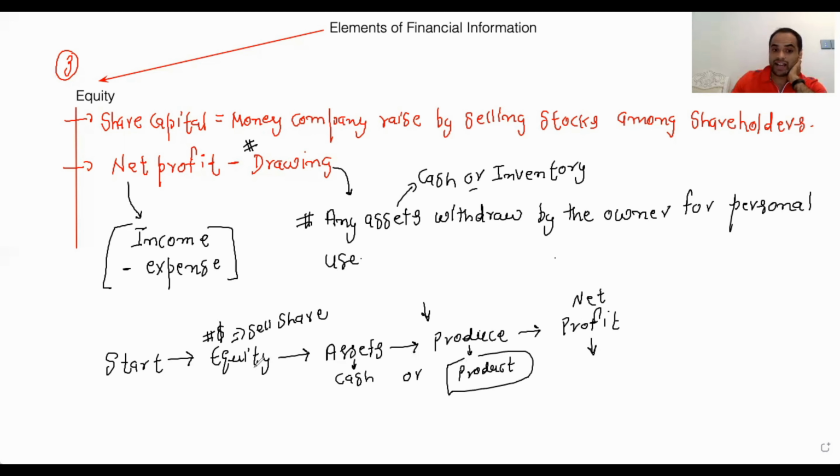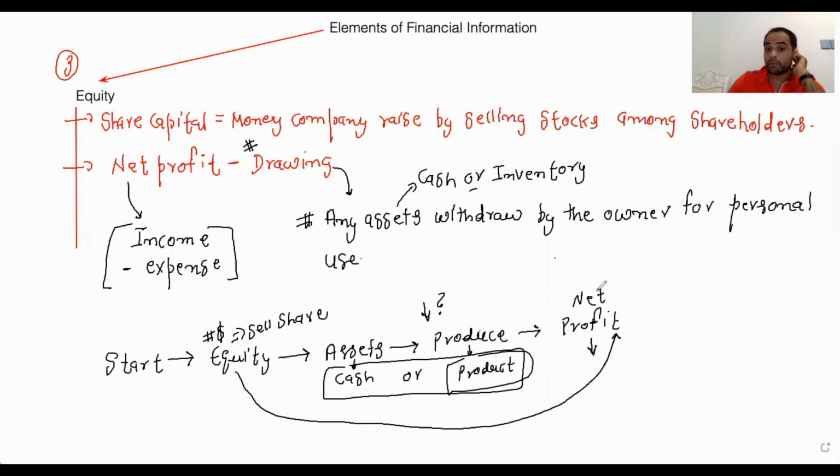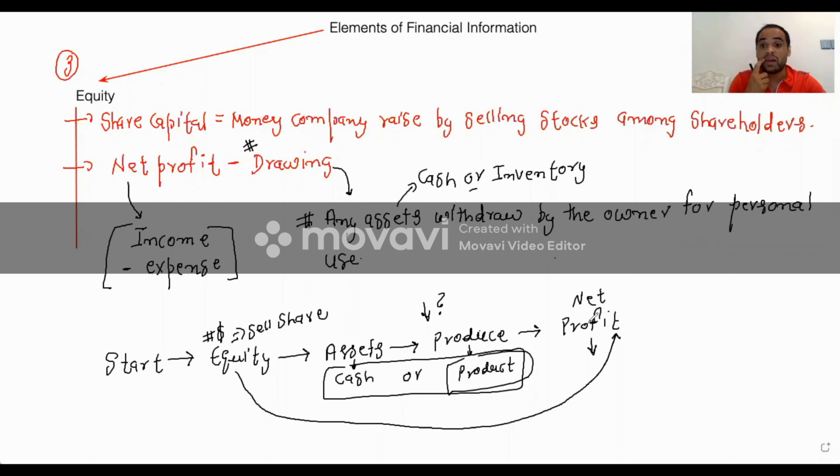So the idea is that shareholders invested money in the company, so the purpose is to maximize profit. But if the owner of the company withdraws anything for his or her personal purpose, company profit will be negatively affected. Company profit will be reduced. That is the logic here to subtract drawing from net profit.